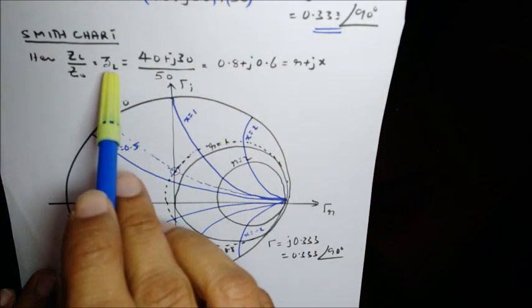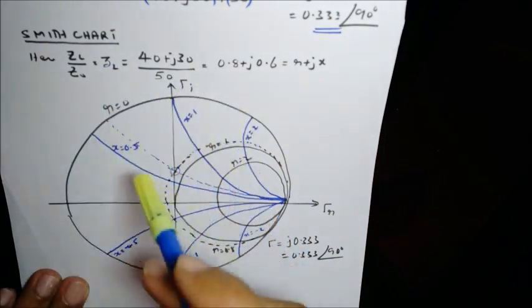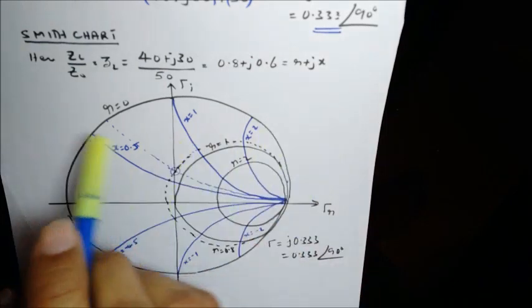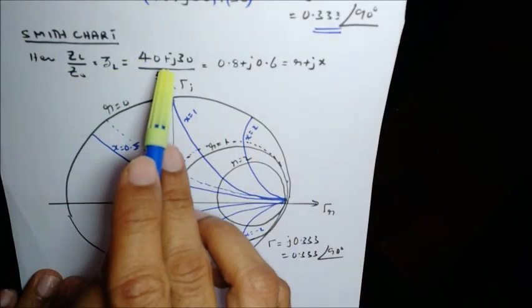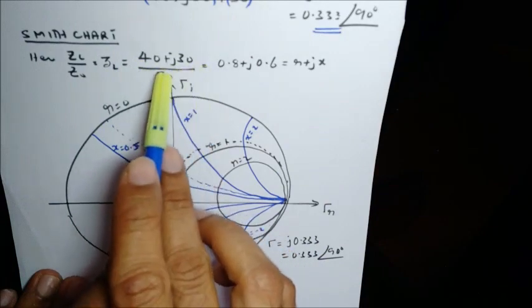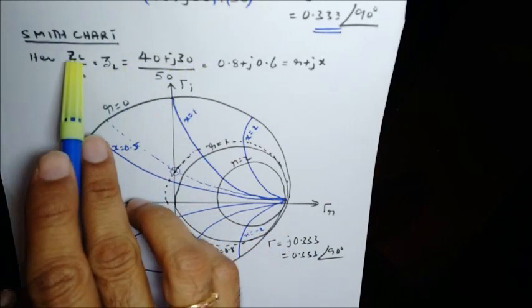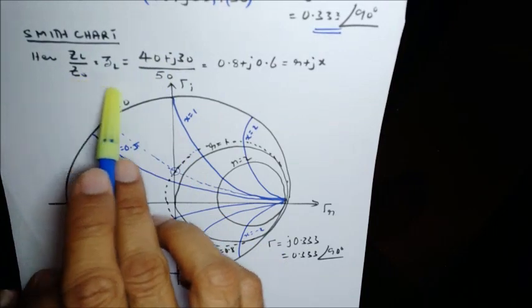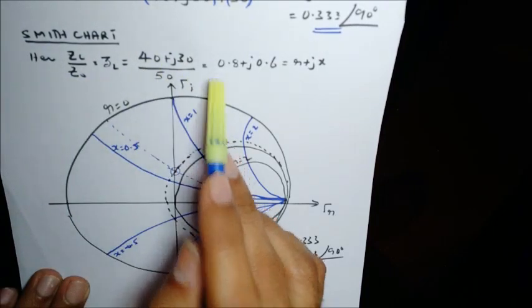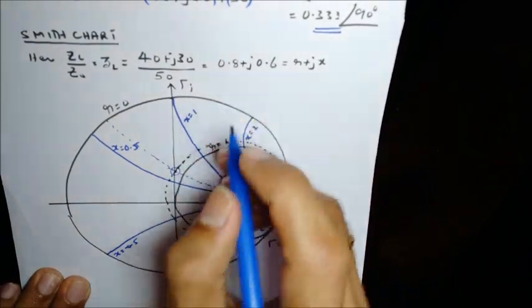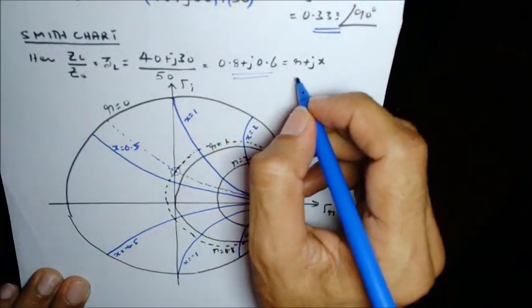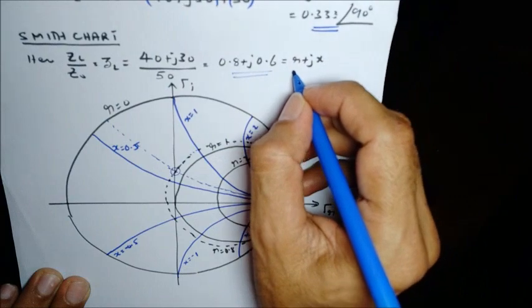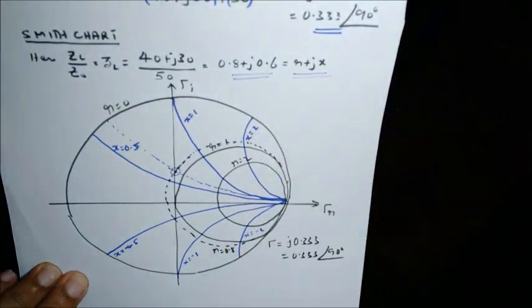So we get 40 plus J30 divided by 50, because 40 plus J30 is ZL and Z0 is 50. When we divide that, we get the normalized load impedance as 0.8 plus J0.6, which incidentally is small r plus J small x.